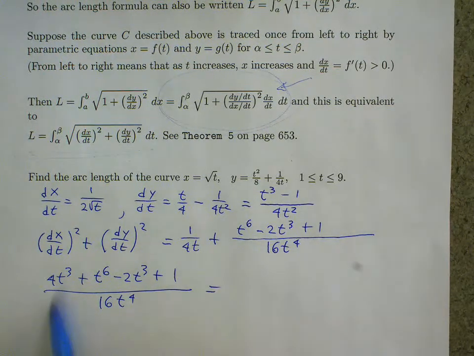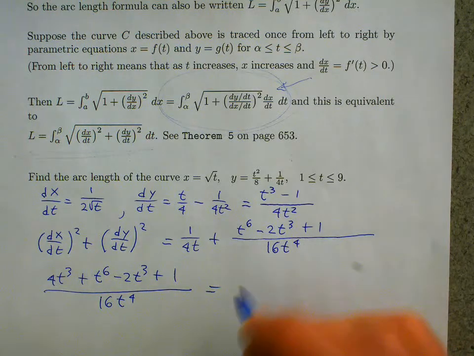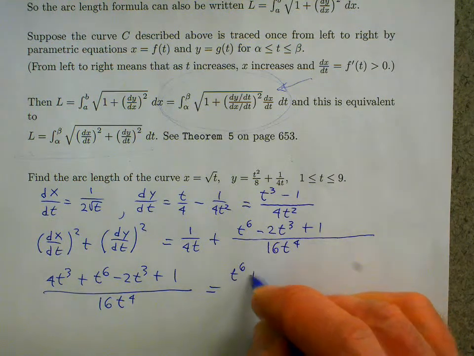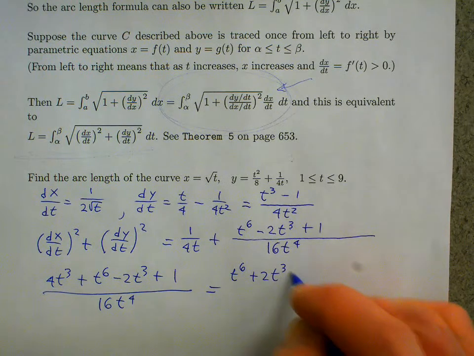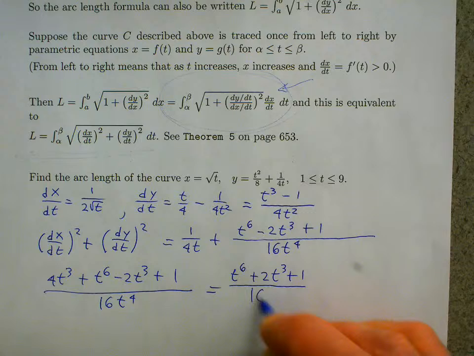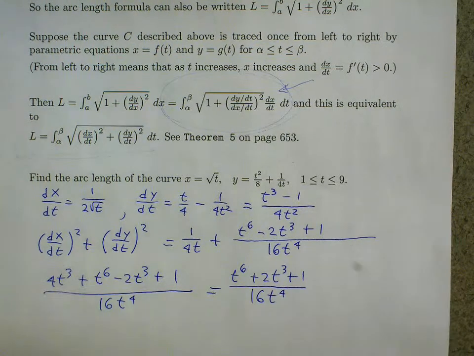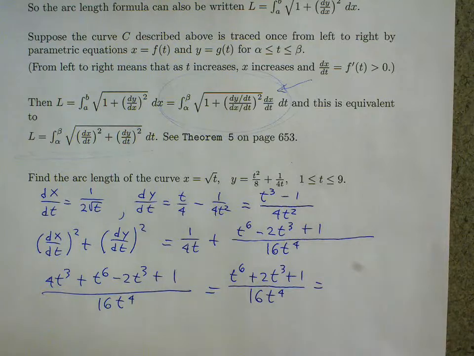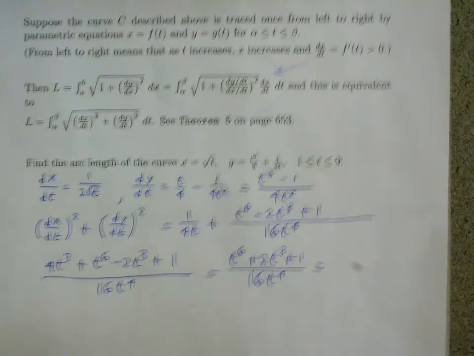And we can simplify the numerator by combining like terms. So we get t to the sixth plus 2t cubed plus 1 over 16t to the fourth. And do you notice what we can do with the numerator?